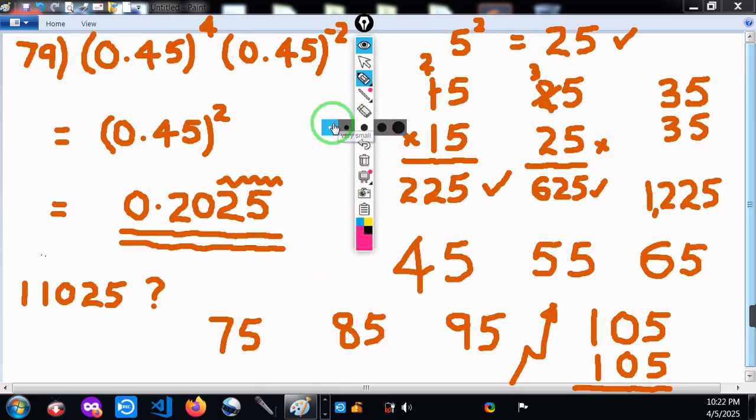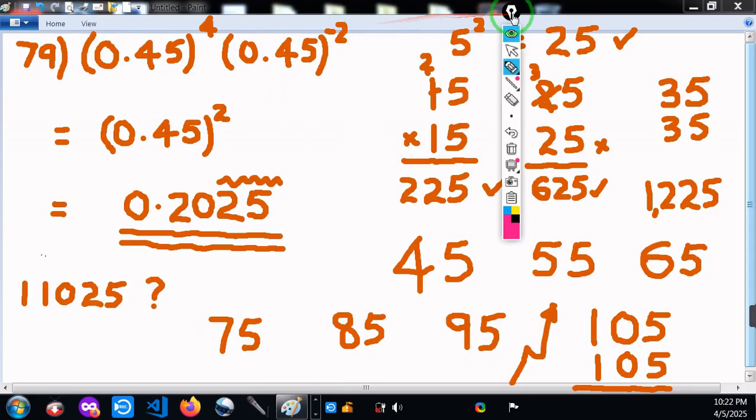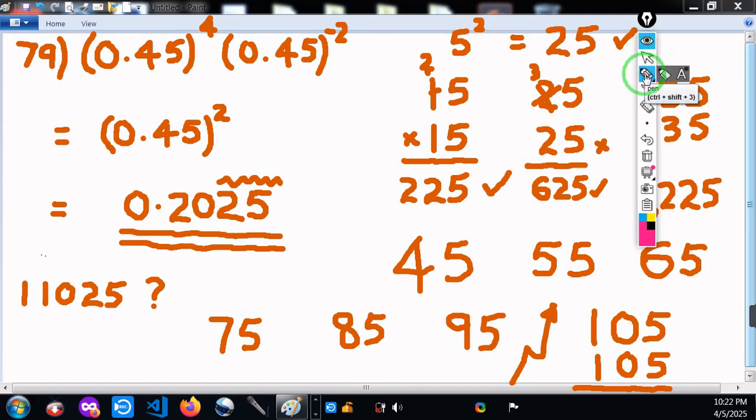Go to small one and multiply here, which is 105 and 105. Take this away. You can use your calculator, no worries. Alright. I will take my calculator here.